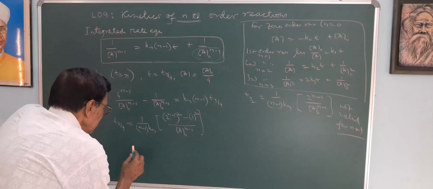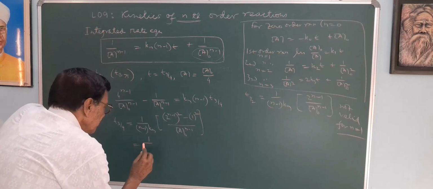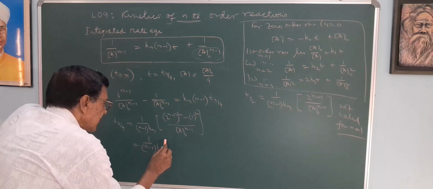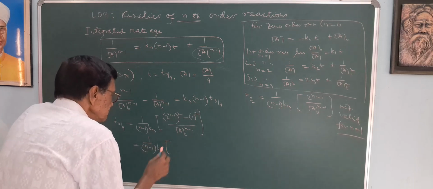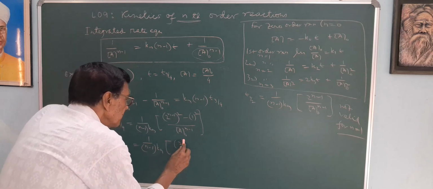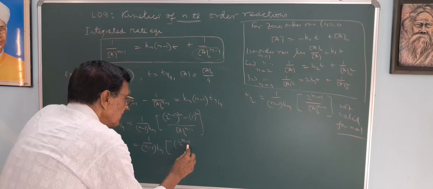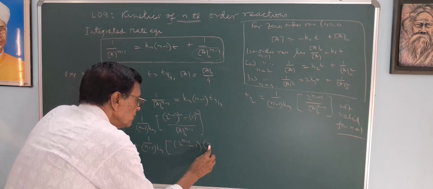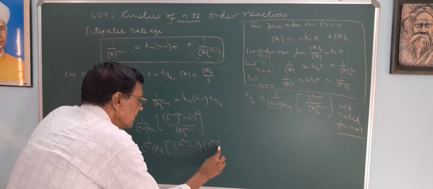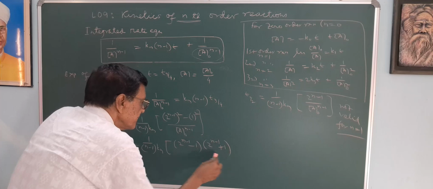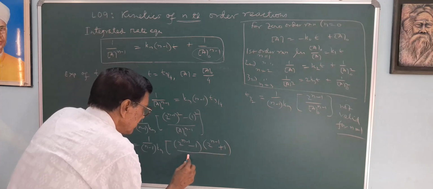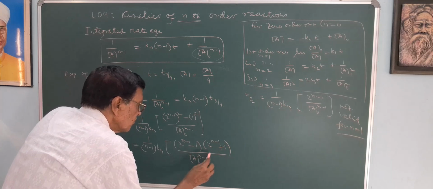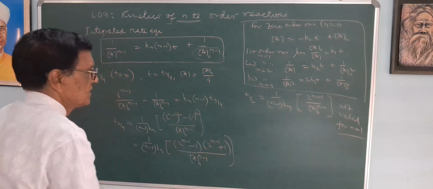So this equals 1 by (n minus 1) Kn into (2 to the power n minus 1 minus 1)(2 to the power n minus 1 plus 1), divided by concentration of A0 to the power n minus 1.